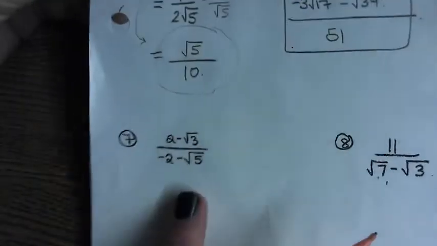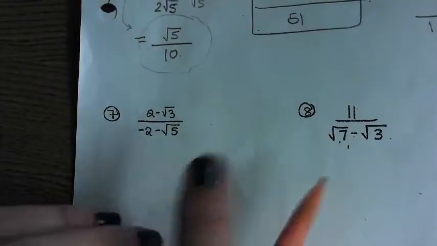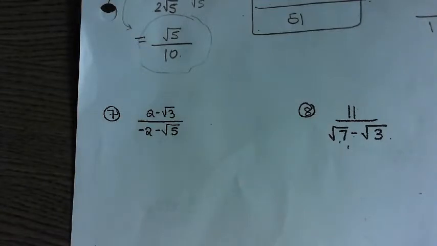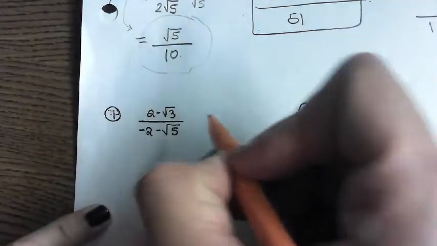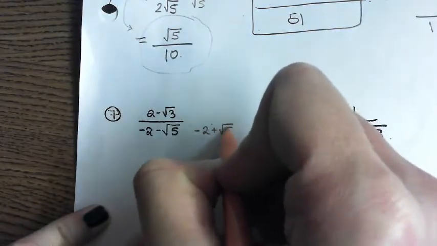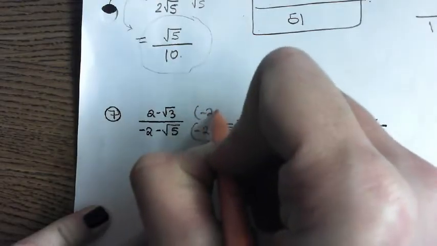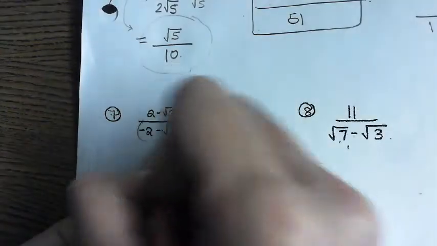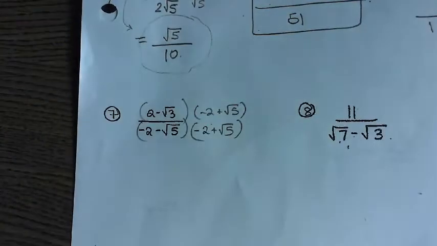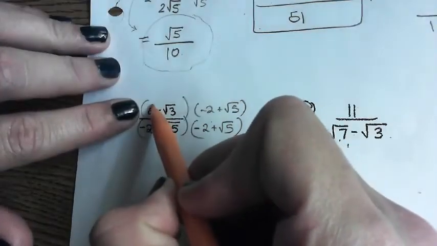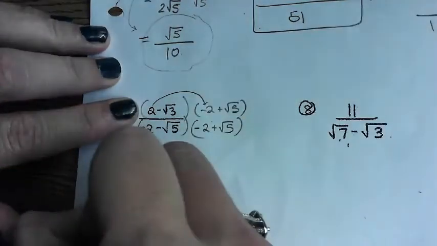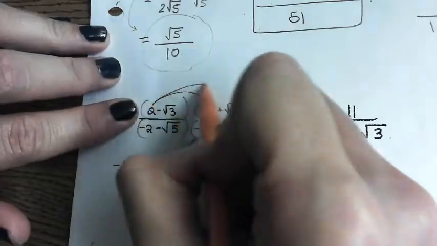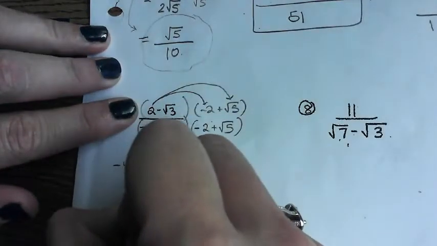Okay. In number 7, what's the conjugate here that I would multiply by, Angie? Yep, negative 2 plus root 5 over negative 2 plus root 5. Little annoying because I have to now FOIL in both locations. So starting with the numerator, 2 times negative 2, negative 4. 2 times root 5, 2 root 5.